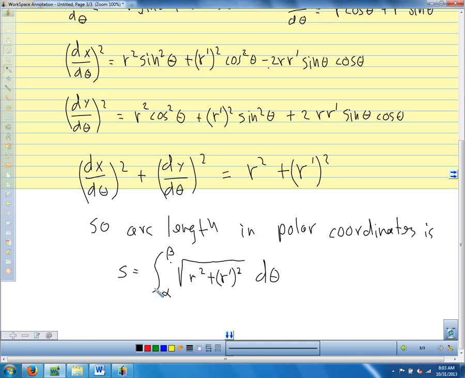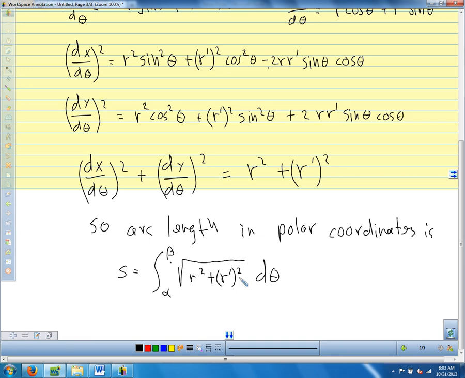So questions on that? Looks pretty similar to the arc length integrals that we've been using before. And just like we did in rectangular coordinates, we can think of this as ds, a little piece of arc length, and that'll come in handy later.